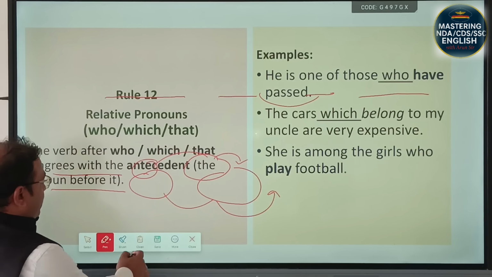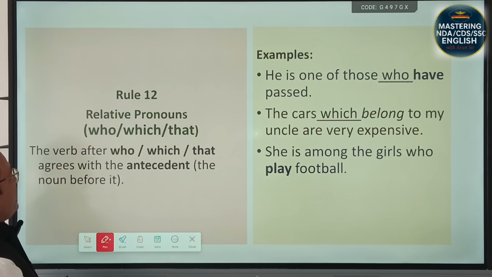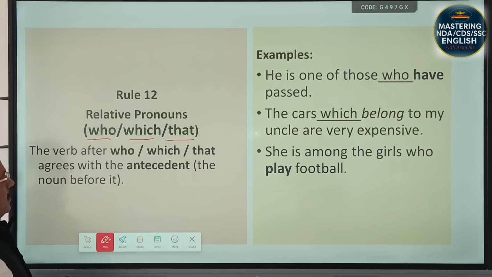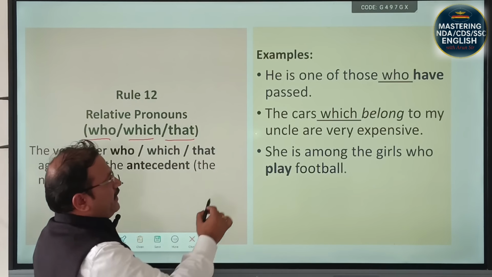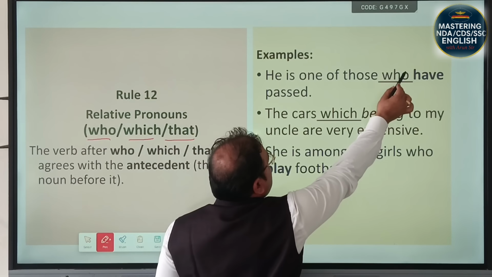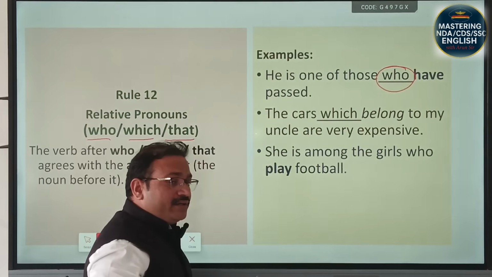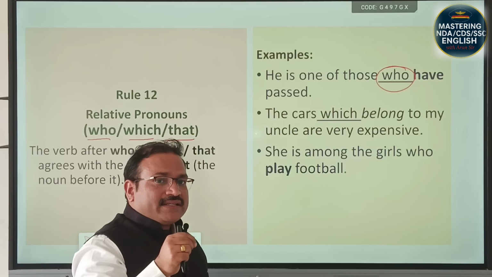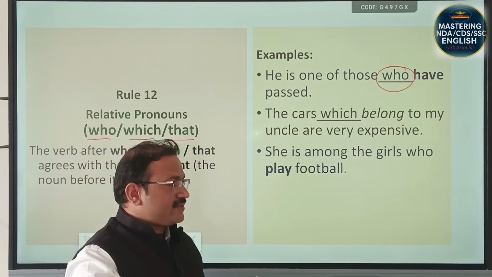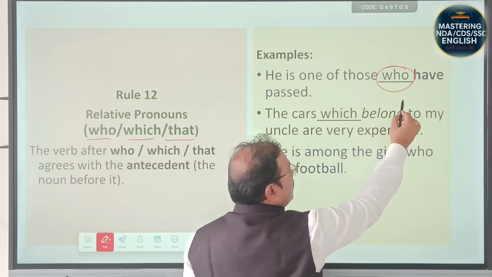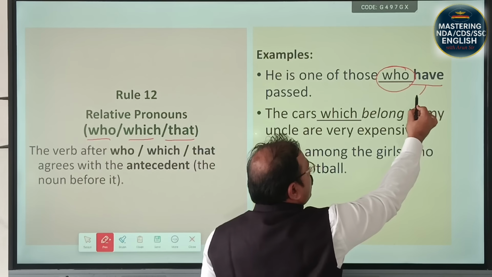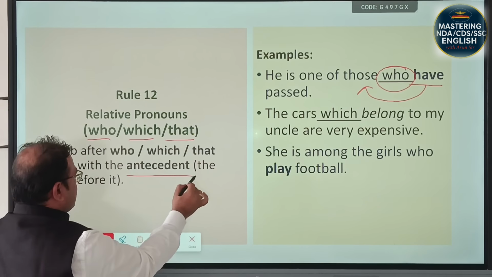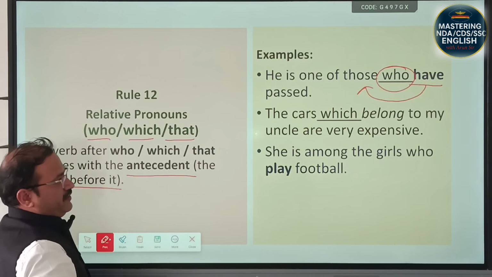Now this is again a very important one, relative pronouns, who, which and that. See the sentence, he is one of those who passed. What is who here? Relative pronoun. If we find such relative pronouns in mid-sentence, then the verb agrees with the antecedent, means the noun before it.